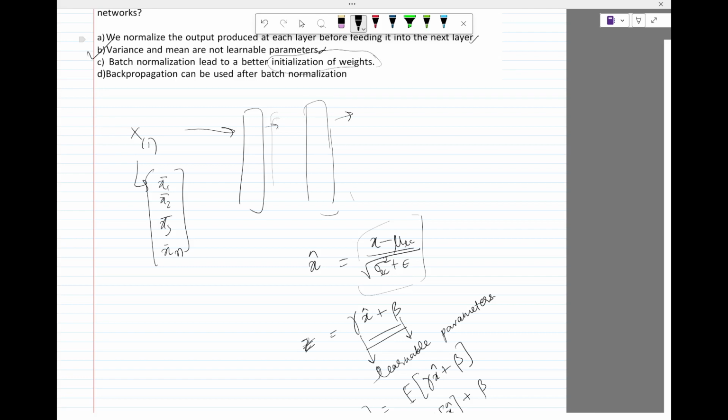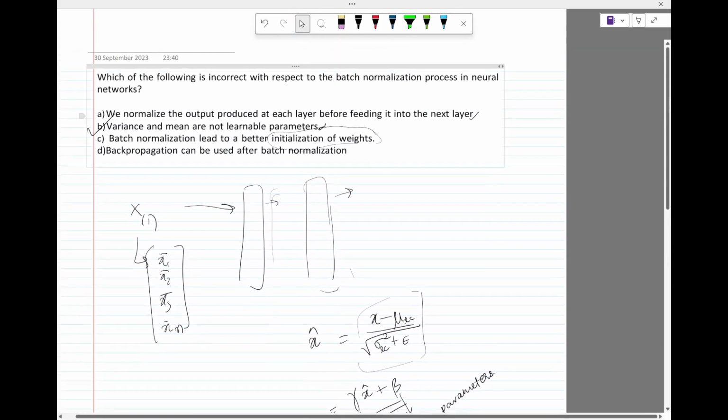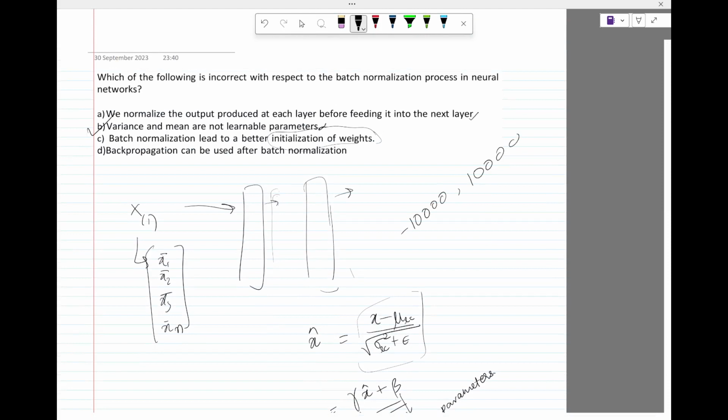For example, let's say your data was in some range minus 10,000 to 10,000, while for some other data set it is in the range 50 to 500.